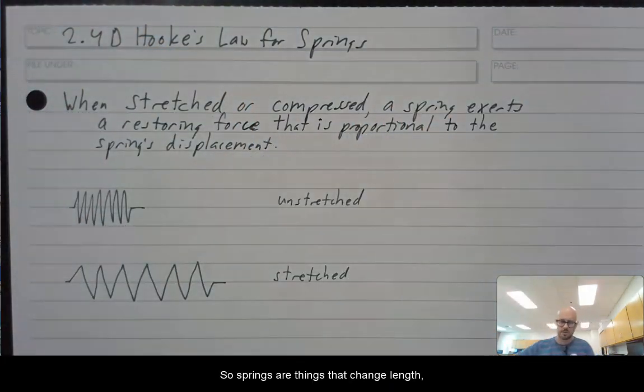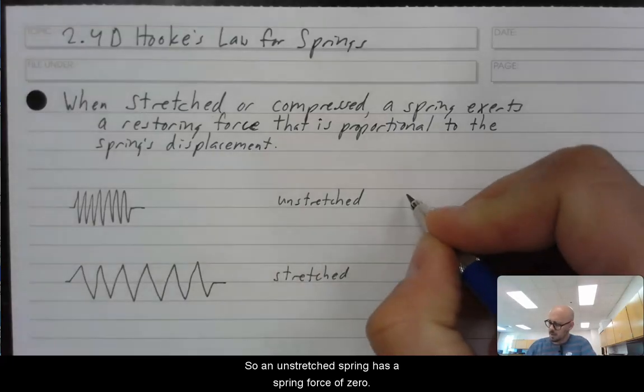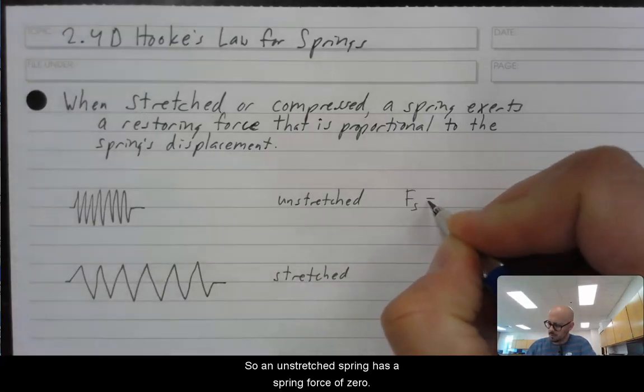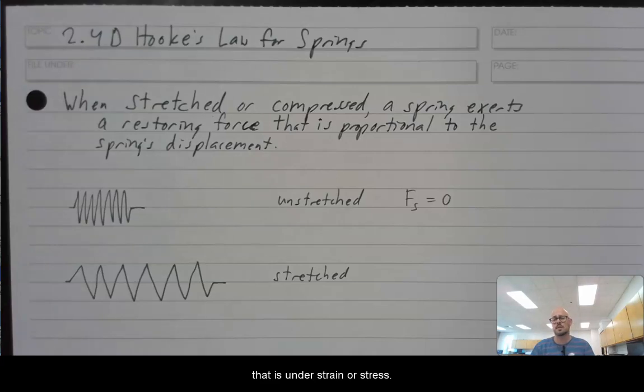So springs are things that change length, and as their length is changed, they exert forces. So an unstretched spring has a spring force of 0. It is at its natural length, and so there's no part of it that is under strain or stress, and so it's not going to exert a force to return itself.